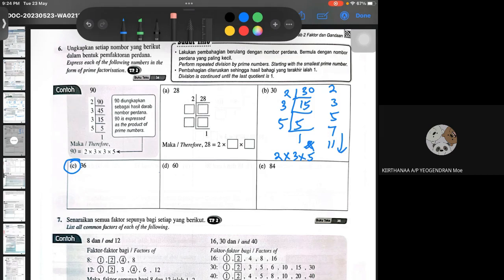Okay, for 36, we start from 2. So this one we write as 2 times 2 times 3 times 3.